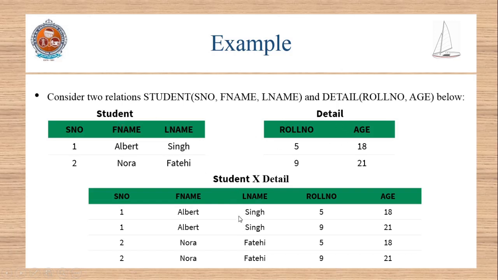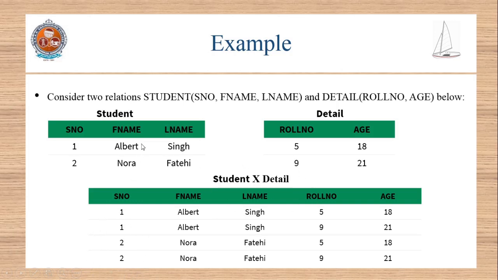Coming to the tuples, this will be the multiplication of the number of tuples in the student relation into the number of tuples in the detail relation. Here in this example we have 2 tuples in student and 2 tuples in detail, means 2 into 2, 4. So the cardinality, or the number of tuples present in the output of this operation, is 4 here.